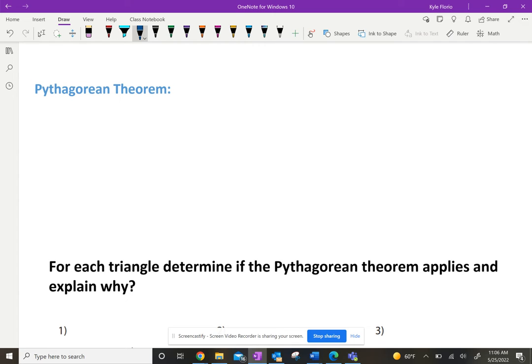So here it is. Pythagorean theorem. As long as we have a right triangle with side lengths A and B, we'll call the length of the legs A and B. So here's my right triangle.